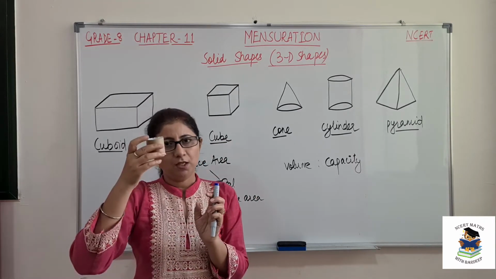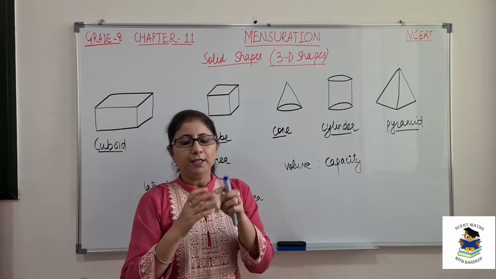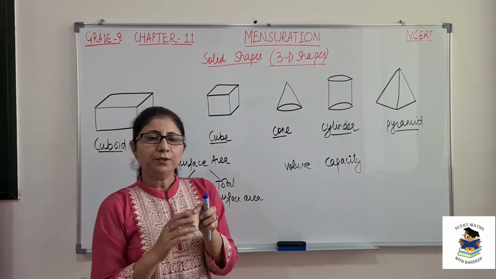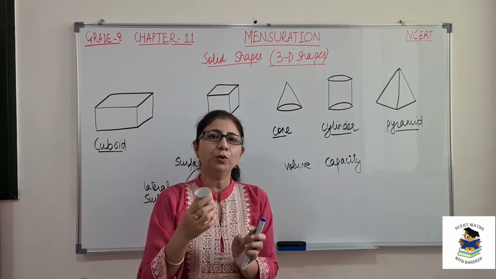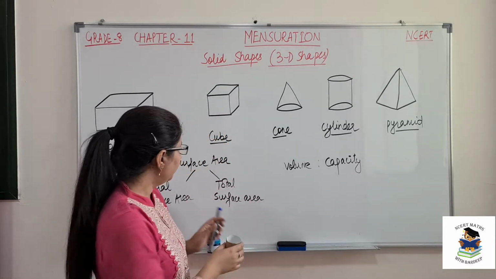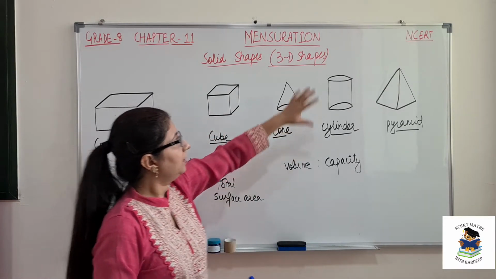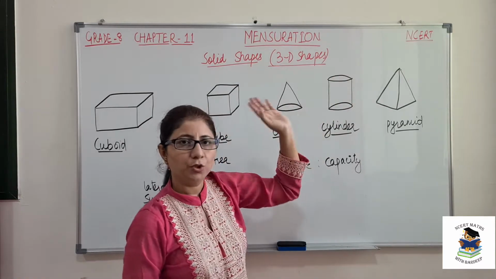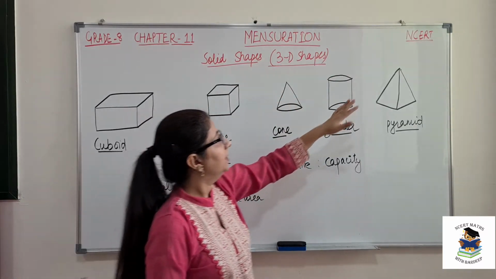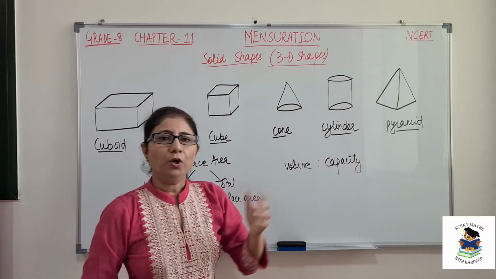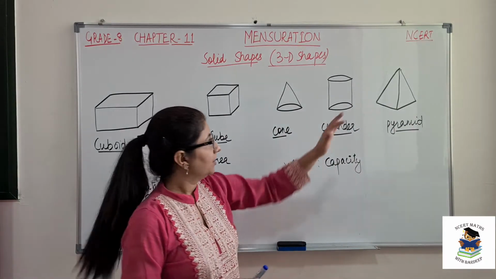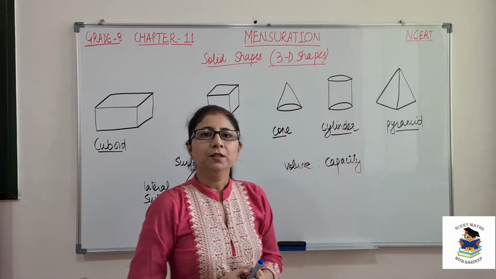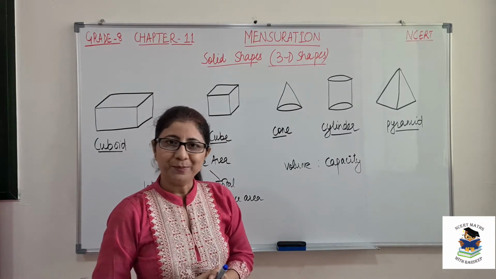So this is an open cylindrical tank. If this base is also removed, this will be open at both ends. So a cylinder is a shape which has circular ends on both sides and they are joined in a curved manner. Next is pyramid. You all know about Egyptian pyramids. Those shapes are also 3D shapes, that is pyramid.